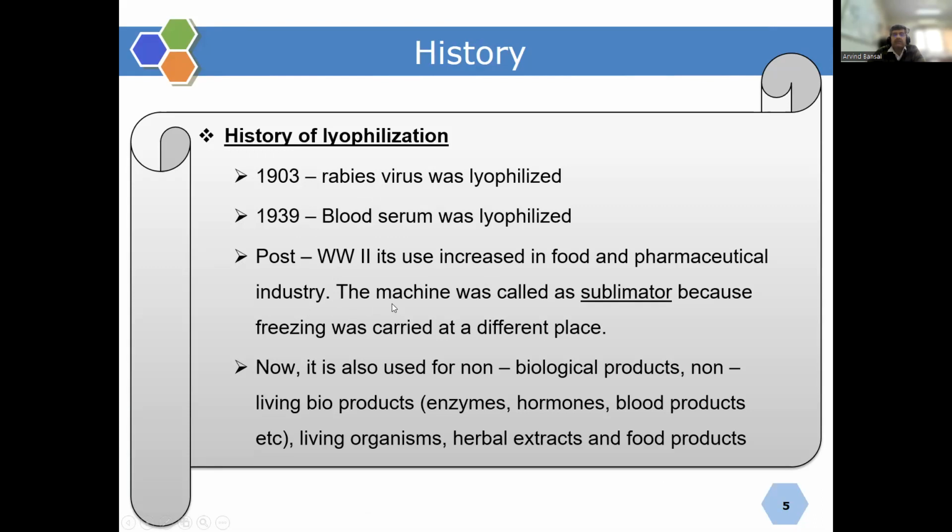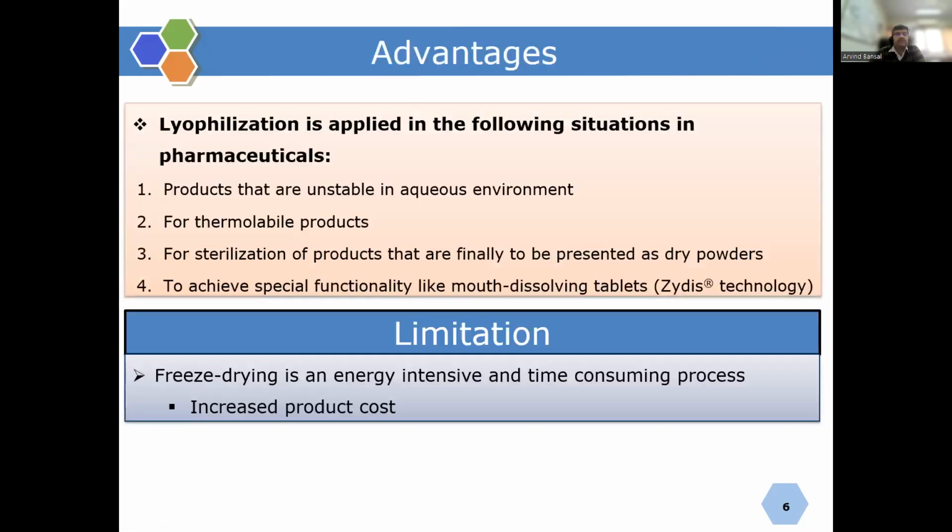The equipment that was used at that time was called a sublimator, because freezing was carried out at a different place, followed by sublimation of water. Now it is also used for non-biological products, non-living bioproducts like enzymes, hormones, blood products, etc., living organisms, herbal extracts, and food products.